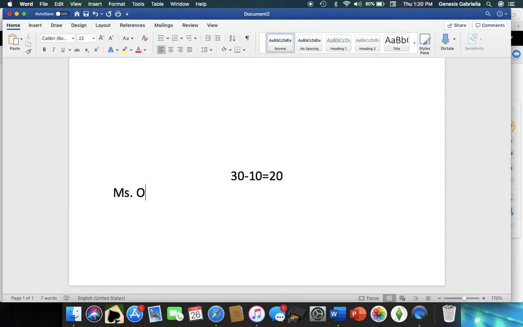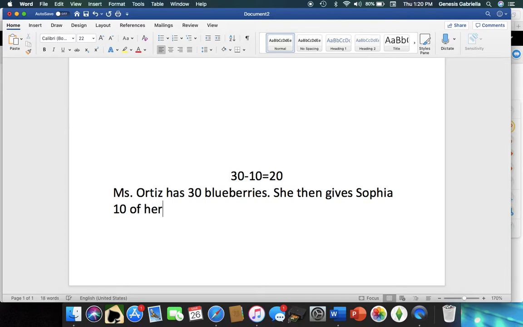Miss Ortiz has 30 blueberries. She then gives Sophia 10 of her blueberries. How many blueberries does she have now?